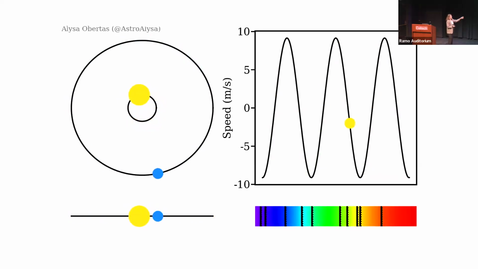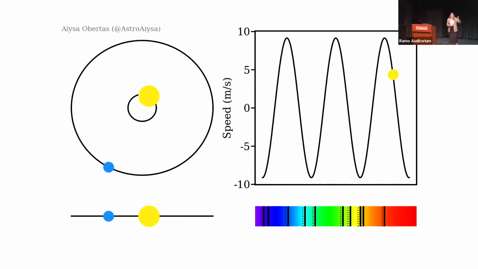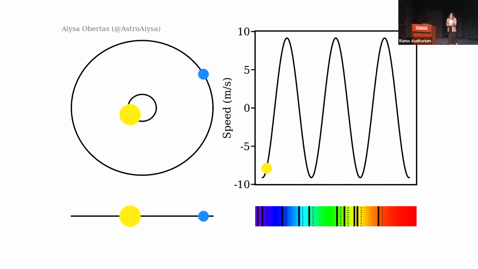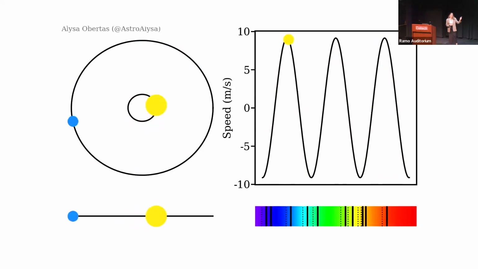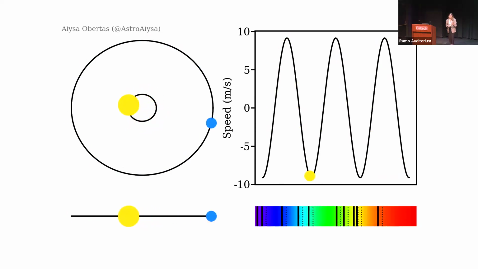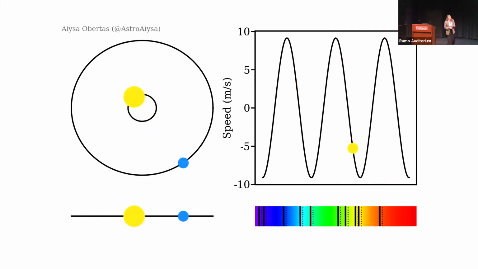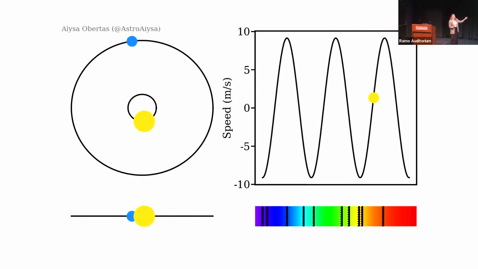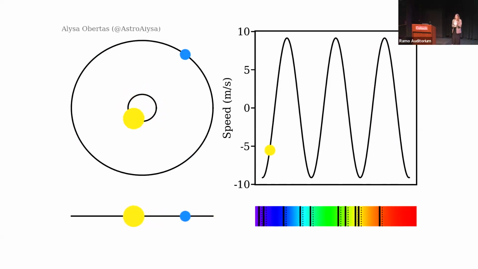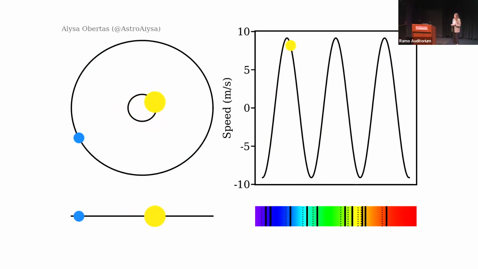As the companion orbits around the center of mass and we see this Doppler shift in the star, we can get parameters like the minimum mass of the companion that is orbiting that star. I'll emphasize the minimum mass because it's an unknown orbital inclination, so it is not the true mass. We also get a handle on the orbital period if we assess this over time. Those are two very important parameters in order to understand the systems.